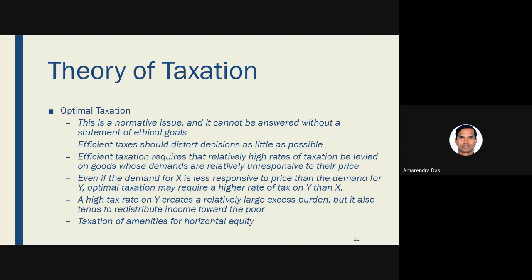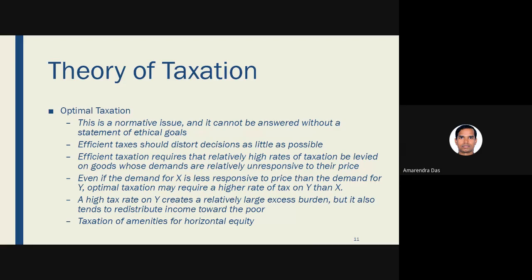How is that possible? Since the objectives are so many, the optimal tax also becomes complicated. Because if you have one or two objectives, you can probably arrive at an optimal tax. For the people who are fond of mathematics, you just put it in a functional form: if you have one objective function and multiple constraints, then probably you can arrive at a solution.